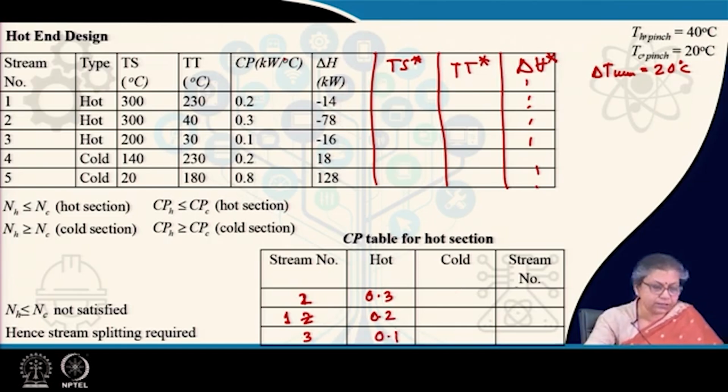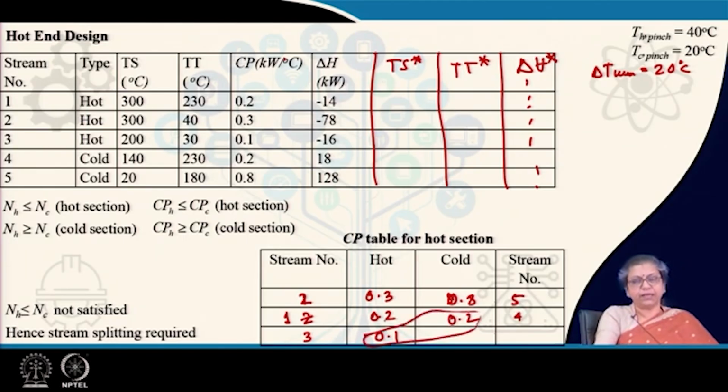For the cold section, if you arrange, stream 5 is 0.8, and then comes stream 4 which is 0.2. Quite naturally, you can find that one match has to be made, this is very evident. But before we think of matches, let us see whether everything is being complied or not.